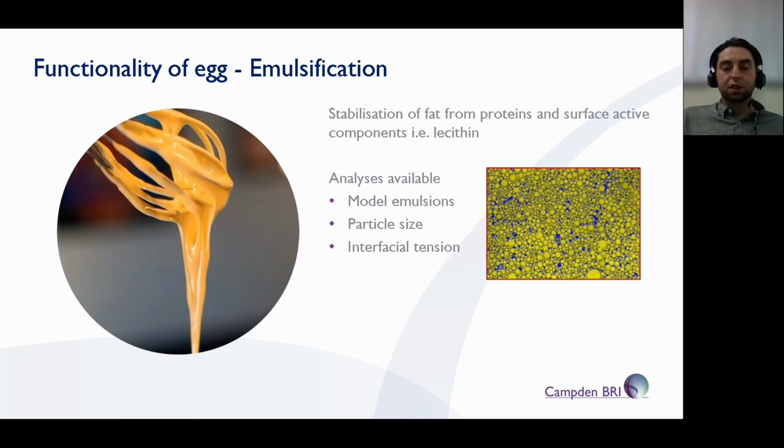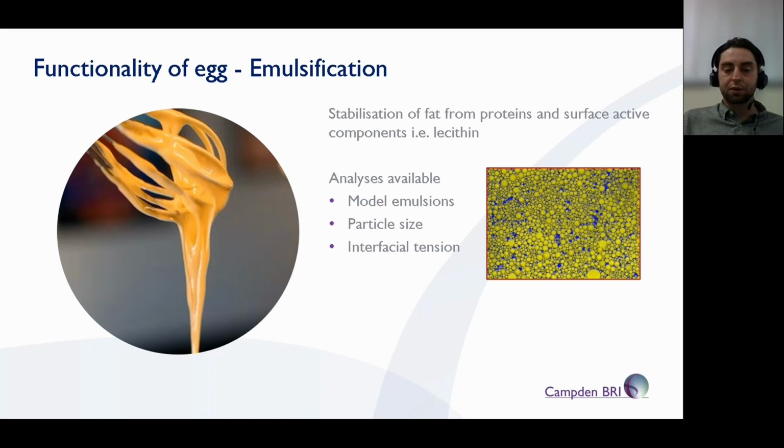But quite often it's the oil in water ones that are of most interest, the milks, creams, mayonnaises, and it's the proteins and also other surface active molecules, phospholipids such as lecithin, which are also surface active, can stabilize oil droplets.